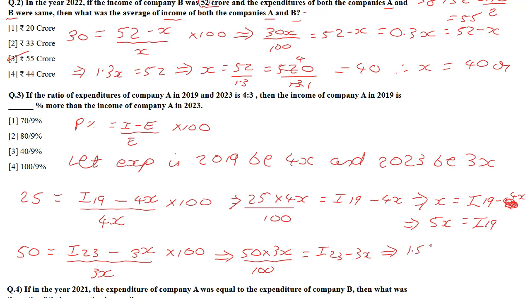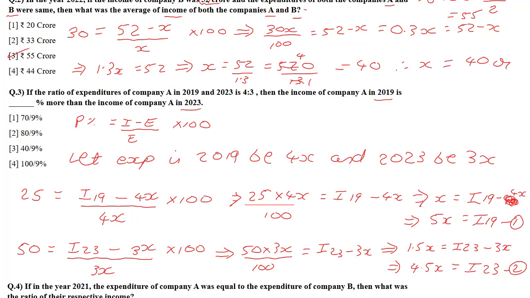So 1.5x is equal to I23 minus 3x. And now this 3x over here, subtraction goes that side, it becomes addition. And therefore, we are going to end up with 1.5x plus 3x, which is 4.5x is equal to I23. So I have one equation here and I have another equation over here. And now it will be possible for me to simplify.